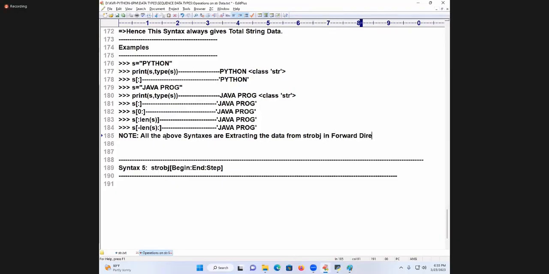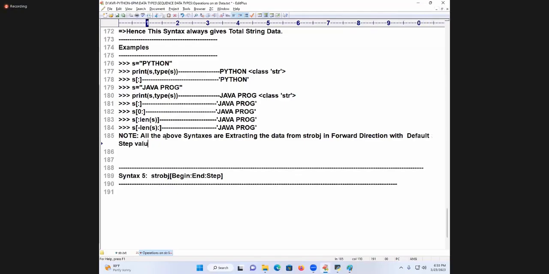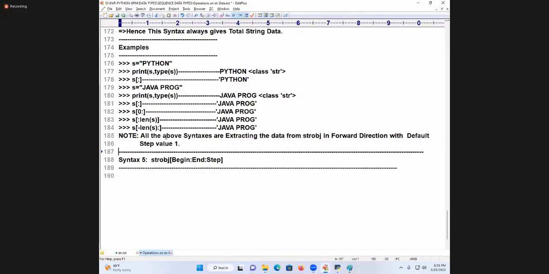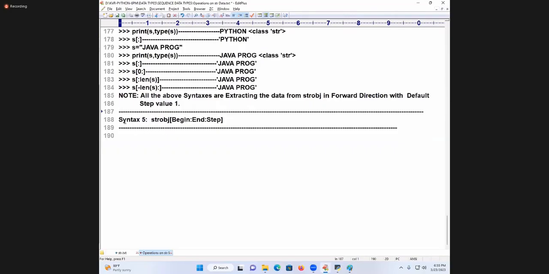Forward direction, with a default step value. I am writing, with a default step value 1. Did you understand this? Yes. Now I am going to take up syntax number 5.